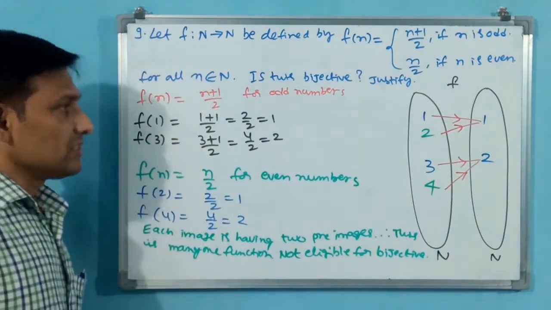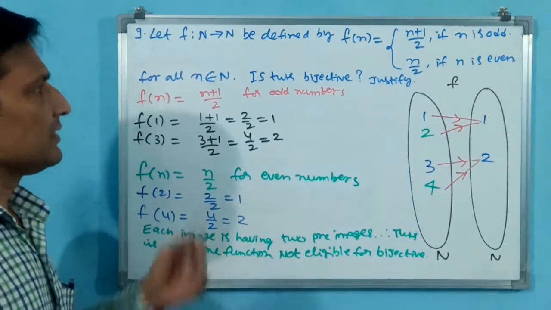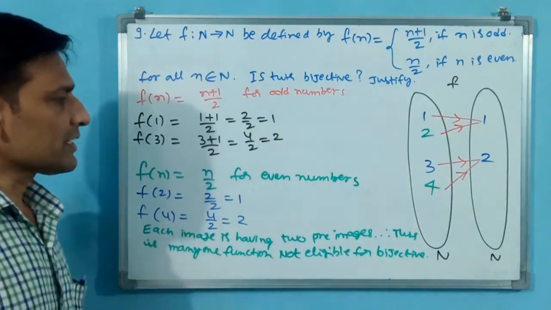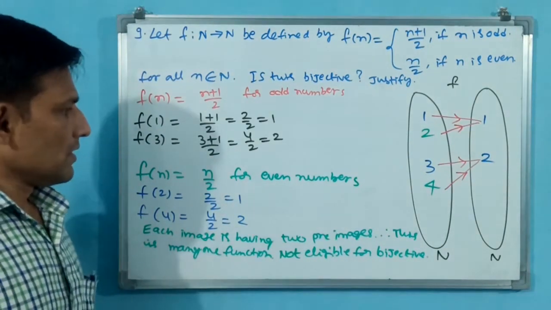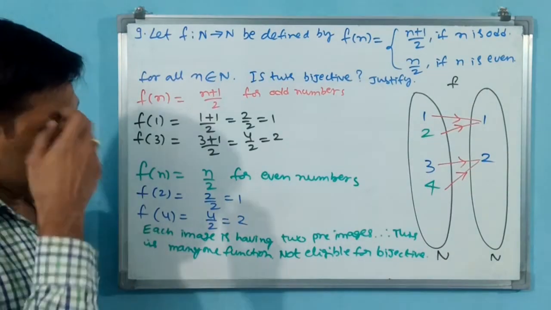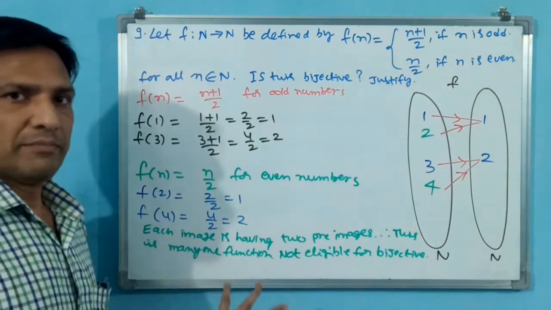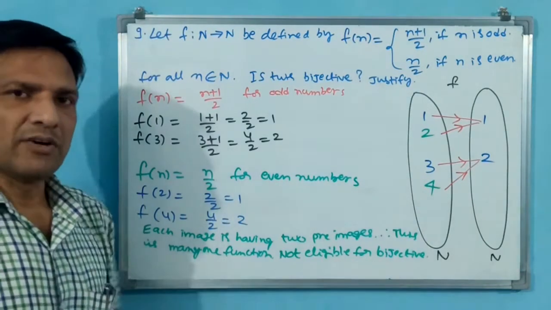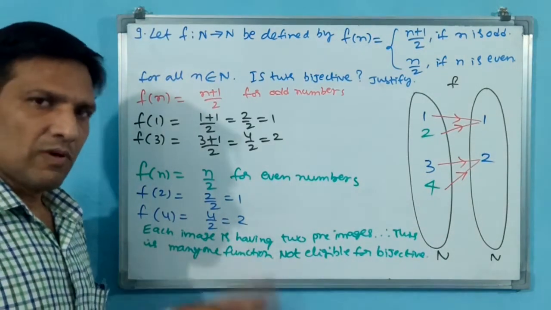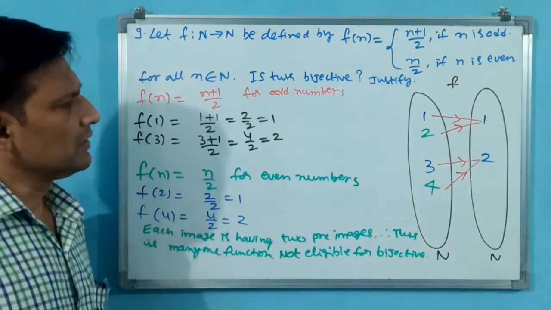Okay, this is not eligible for bijective. Why? Because see, here we need not write onto also as per me, or else you can write this is onto but not 1-1, therefore this is not bijective.